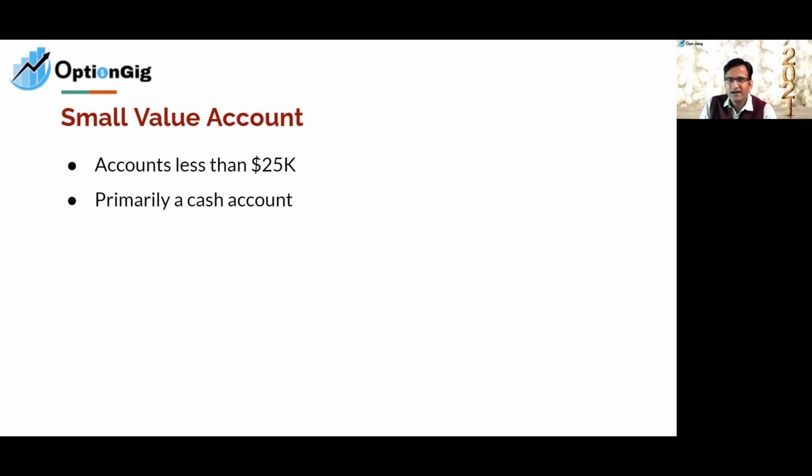So if I had a $25,000 account, then I can only trade for $20,000 more because $5,000 has already been consumed in buying 100 shares of XYZ at $50 each. But if I have a margin account, normally the stocks are 50% margin.